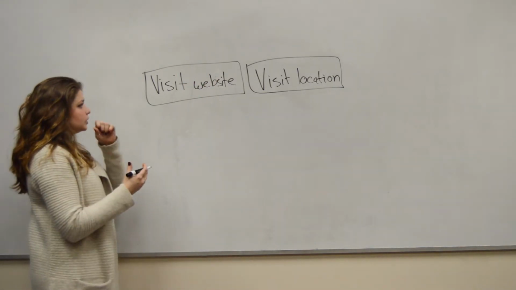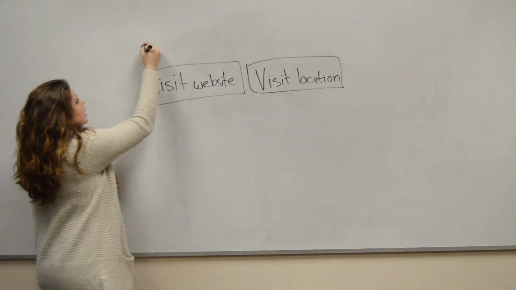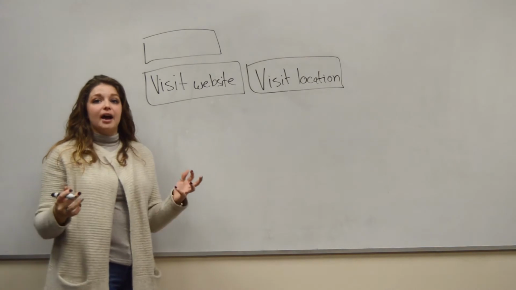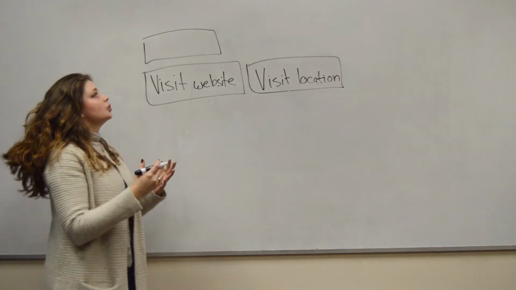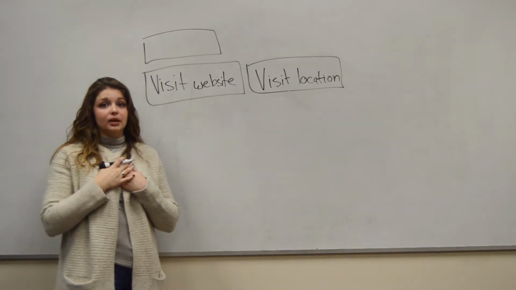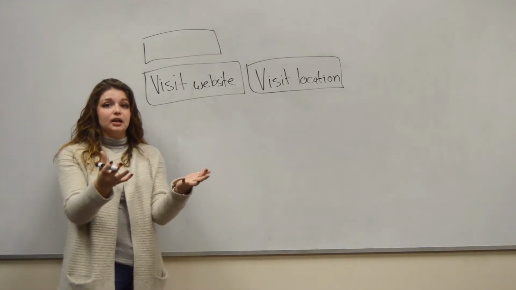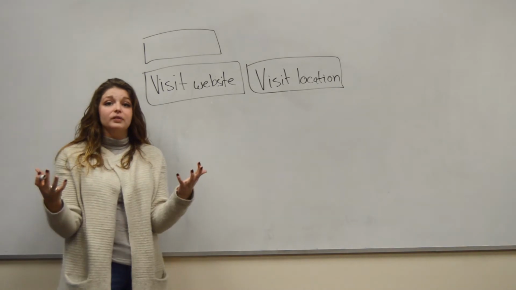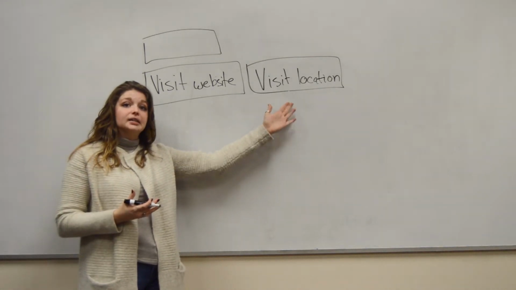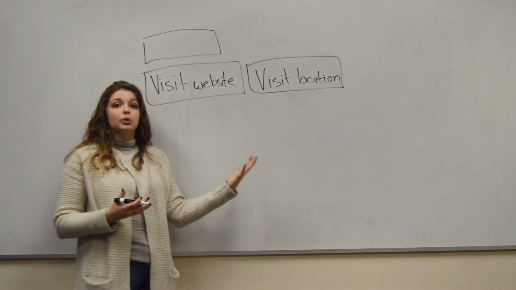So what you're going to do is identify what kind of reaction you want the customer to have, so our desired reaction. If I'm working for Code Epoxy, I want the customers who are looking at our website to say, wow, this is a nice website, so that they can make that association with our brand and say, this is a really nice brand, I want to purchase from them.